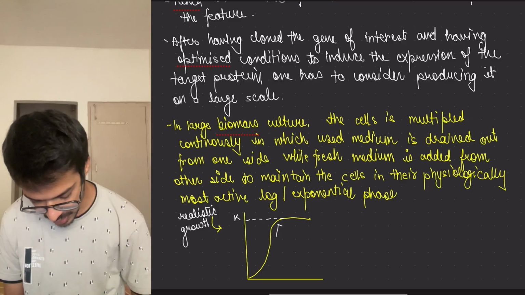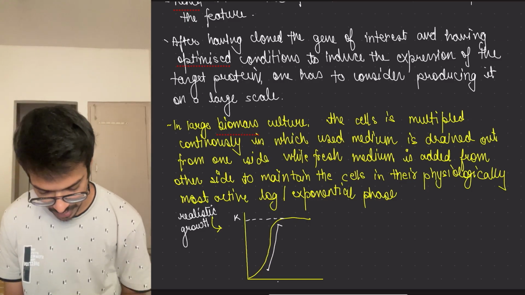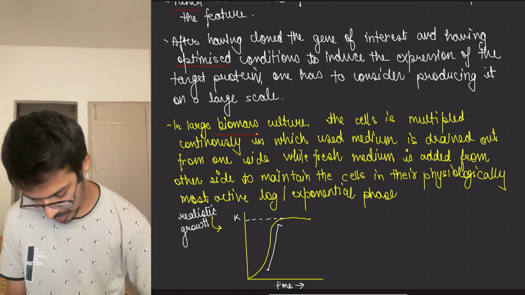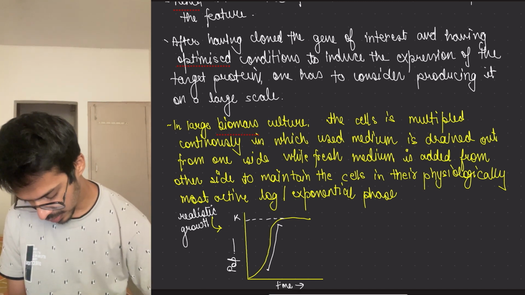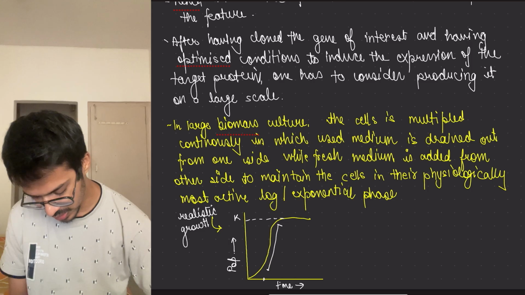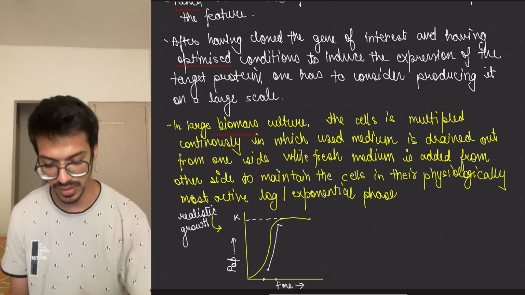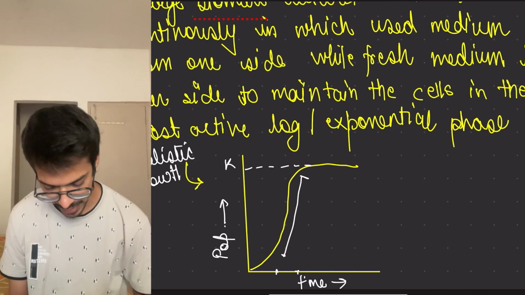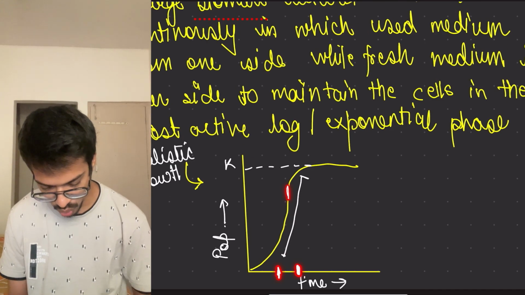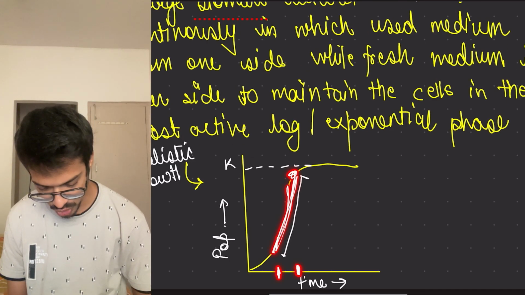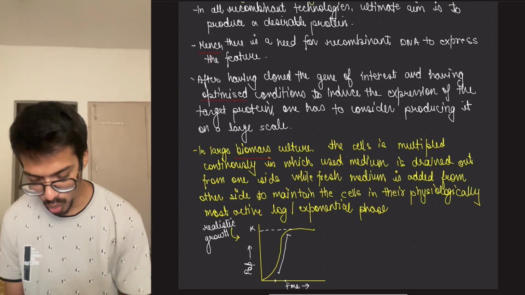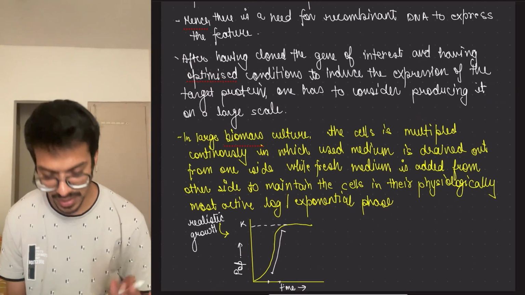So we want this phase, when there is what? Small time. This is the time, and this is the population. See how much population grows in this small period of time. Can you see this? In this period of time so much population has grown. So we always want the whole situation to stay in this.